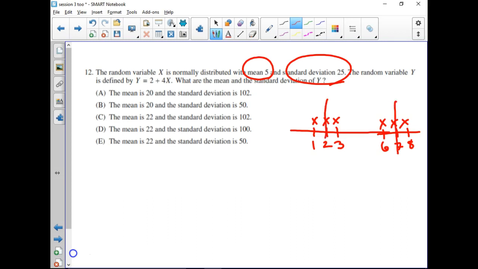So the center added 5, all the positions added 5, but the spread is still the same. The range, 3 minus 1 is 2, 8 minus 6 is 2. So the big thing you want to write down is like your little laundry list: addition or subtraction doesn't affect spread when you're doing a linear transformation.